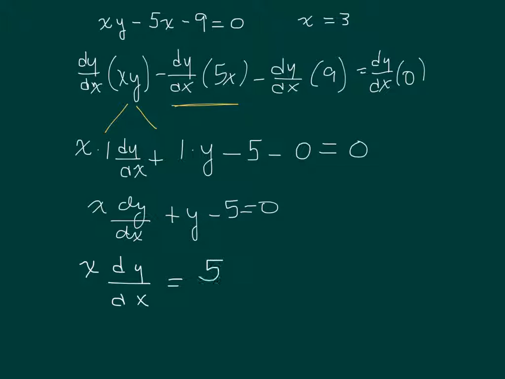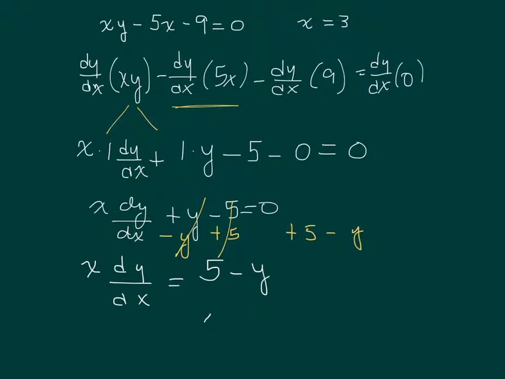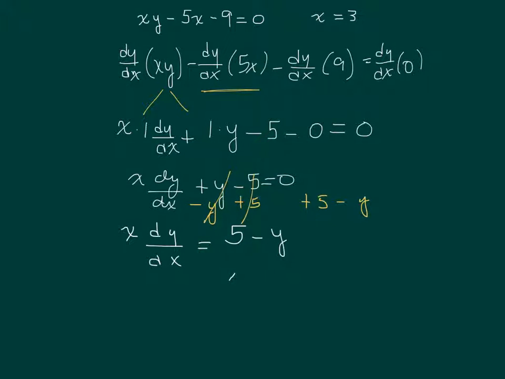I'm going to add 5 to both sides and then subtract y, so those end up canceling. And then to solve this for dy/dx, I just simply divide by x on both sides.